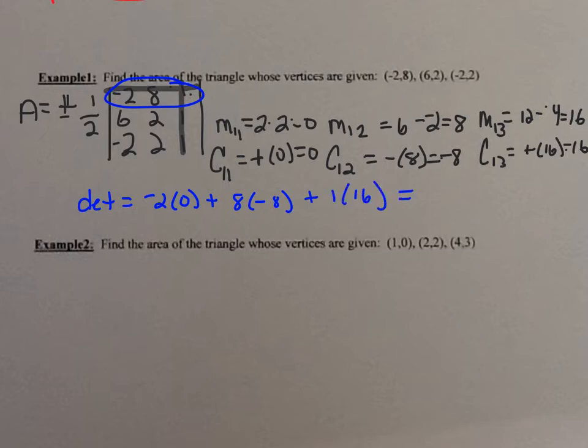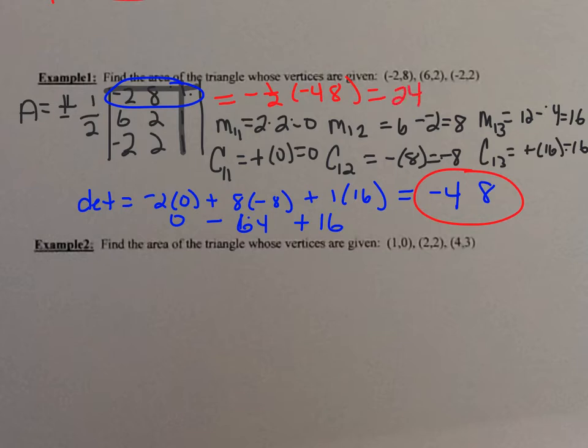And that comes out to be, let's see, 0 minus 64 plus 16 is negative 48. So my area is going to be plus minus 1/2. So which one would I want to use? If my determinant is negative 48 and my area has to be positive, then I have to use negative 1/2. So it's going to be negative 1/2 of negative 48, which gives me 24. Okay, so let's try another one.